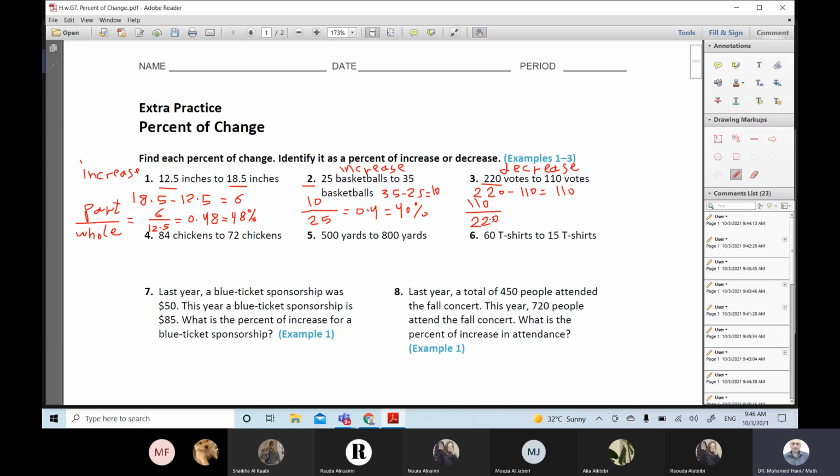So now we want to divide 110 divided by 220 will be 0.5. 0.5 as a decimal. Write it as a percent will be 50%.